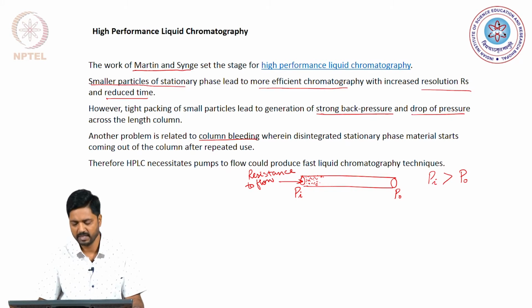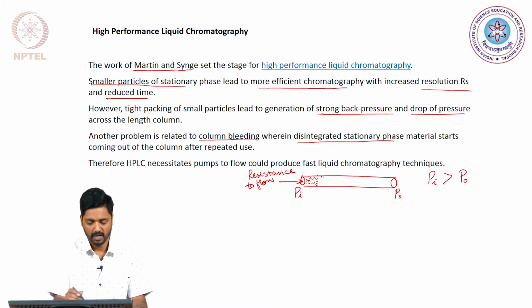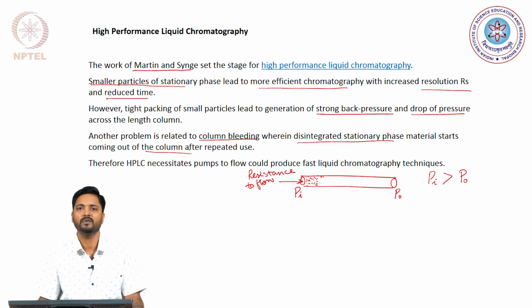This relates to disintegrated stationary phase particles moving out of the column and clogging the various tubings and pipes that are used to connect the column to the detectors, and it also results in compromised performance of the column that is being used repeatedly.